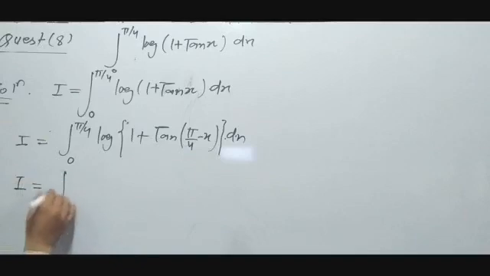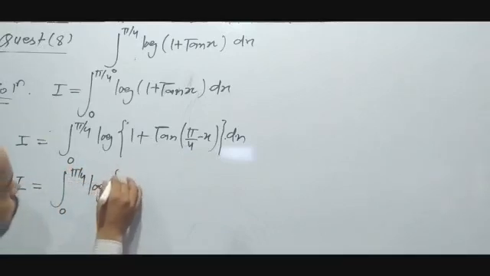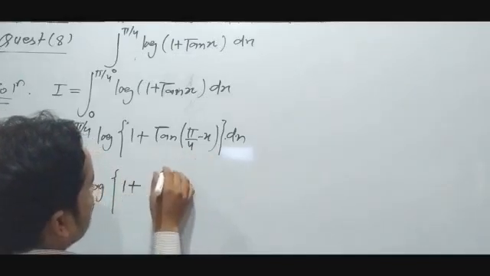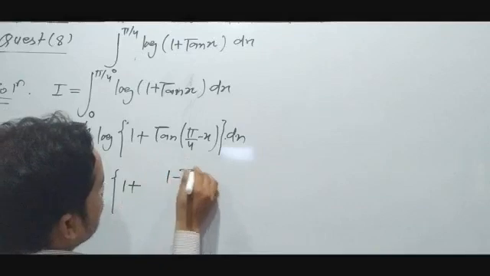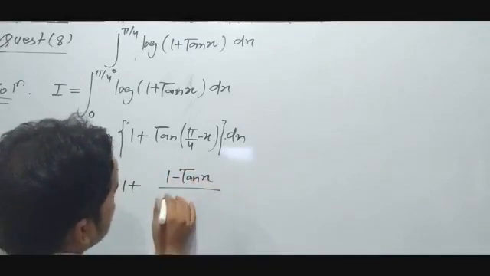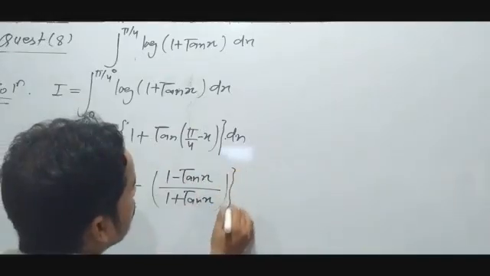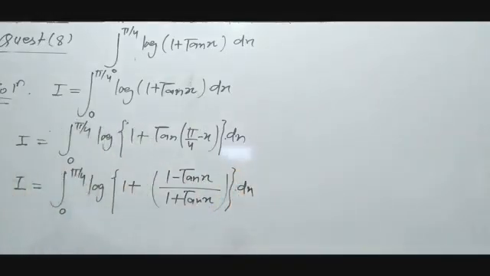So I is equal to 0 to pi by 4 log of 1 plus tan (a minus b) formula, tan of pi by 4 means (1 minus tan x) whole upon (1 plus tan x). And after calculation, what will be the result?